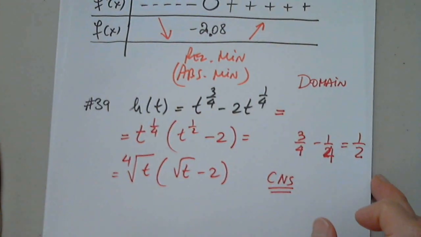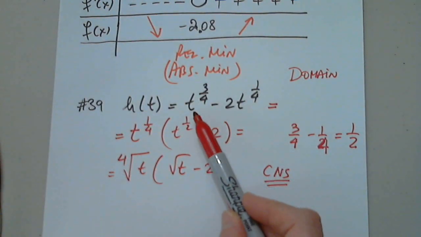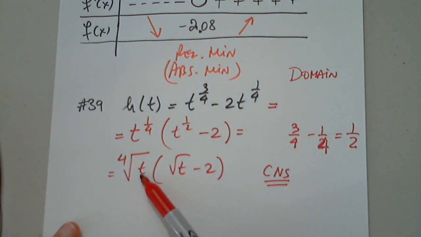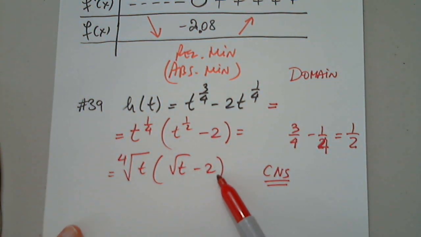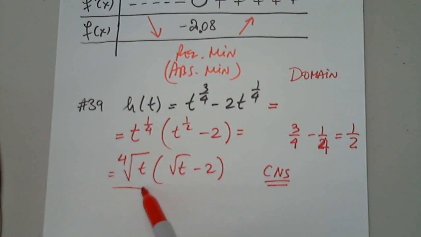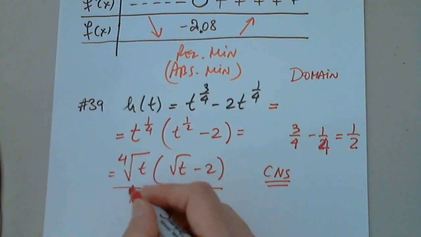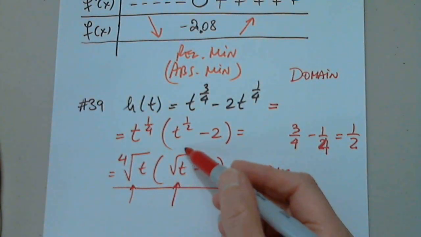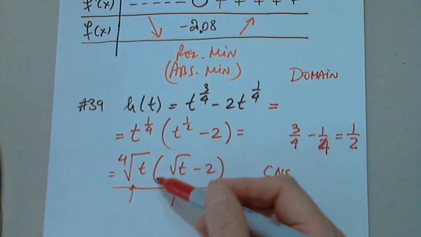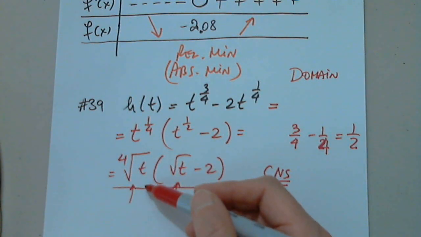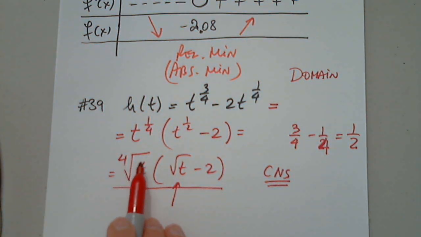But here it's a different story, right? So this is the 4th root of t, and this is the square root of t plus 2. Can anyone tell us what conditions t has to fulfill in order for this to exist, and in order for this to exist? Remember, this is index 4 and this is index 2. And the same condition applies for both.